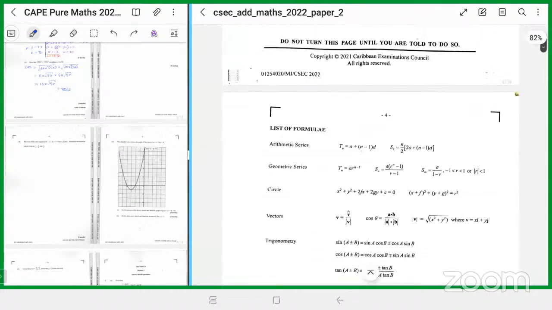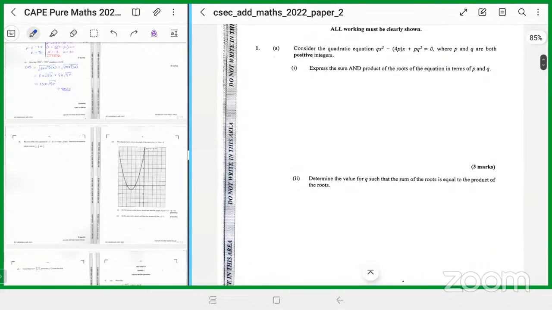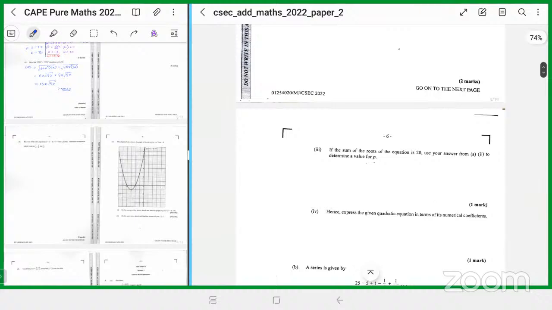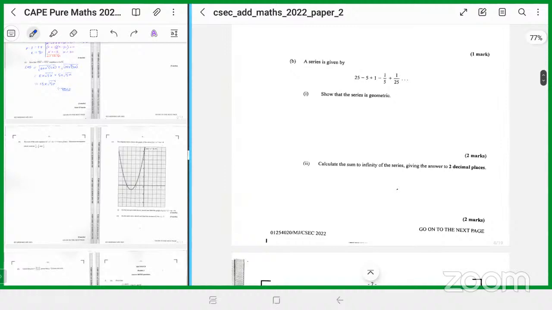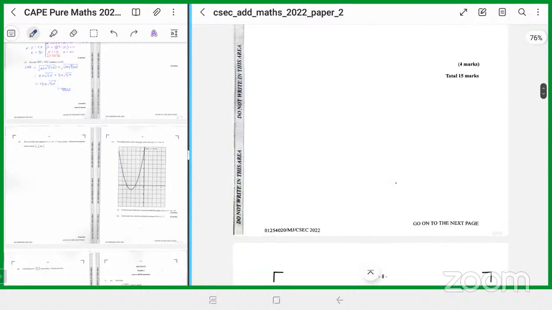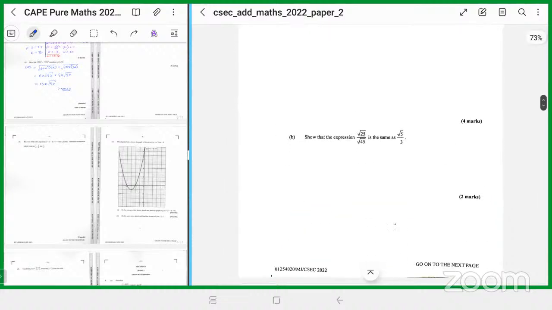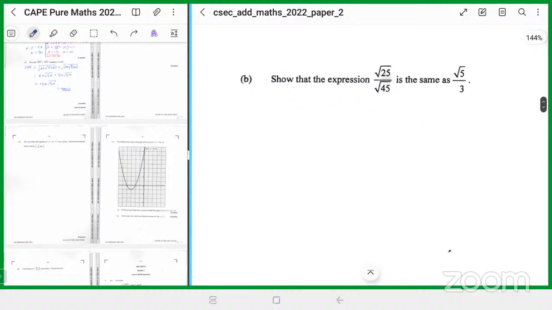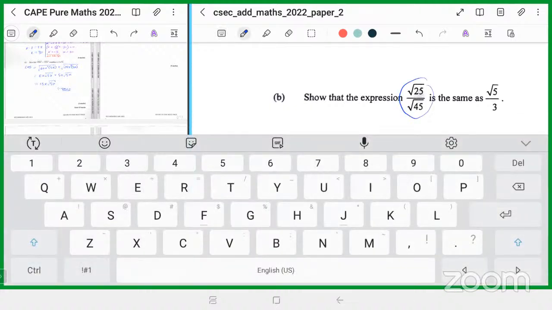Let's see. A very easy question. Show that this is the same as that.